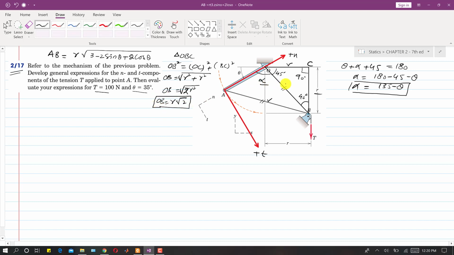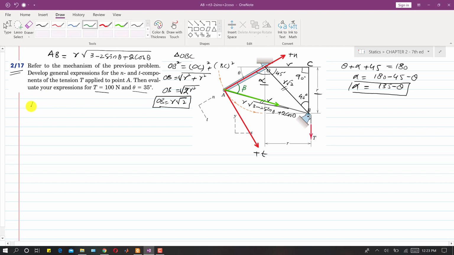So now we know the length of OB, R under the root 2, and the AB length is also known, R under the root of 3 minus 2 sine of theta plus 2 cos of theta, right? Now if this angle is beta, the angle with the normal n axis, then what will be the Tn component of this T?